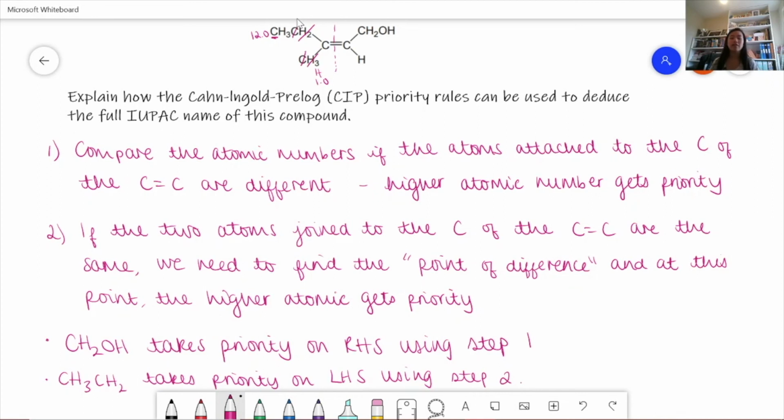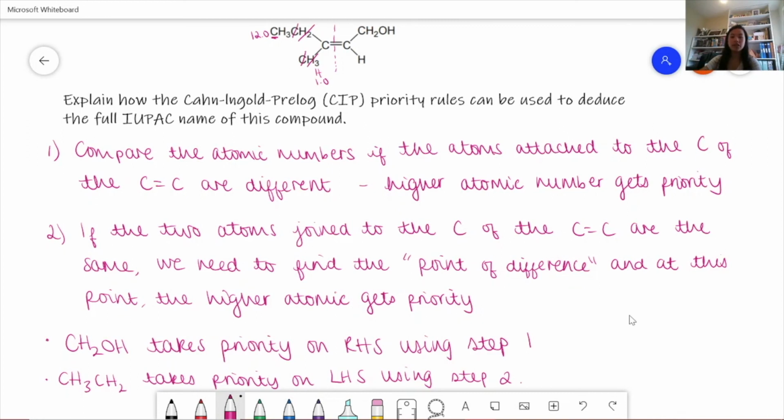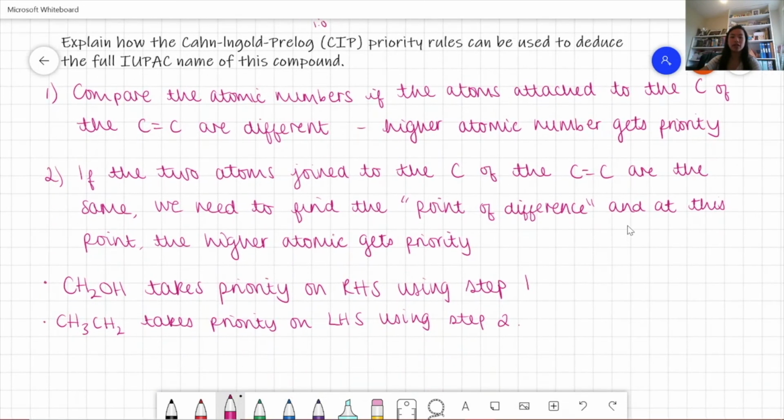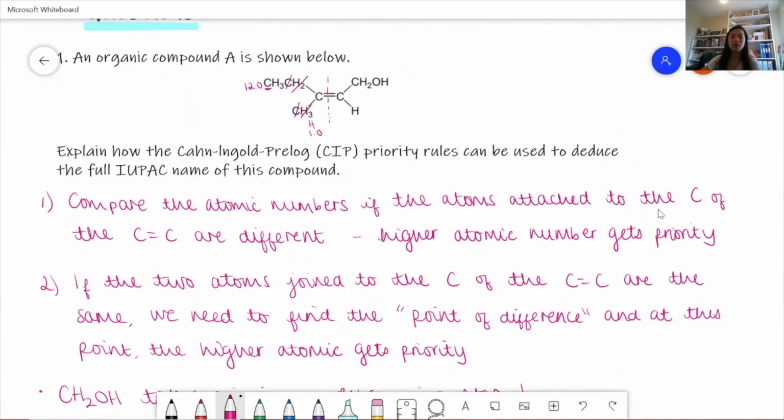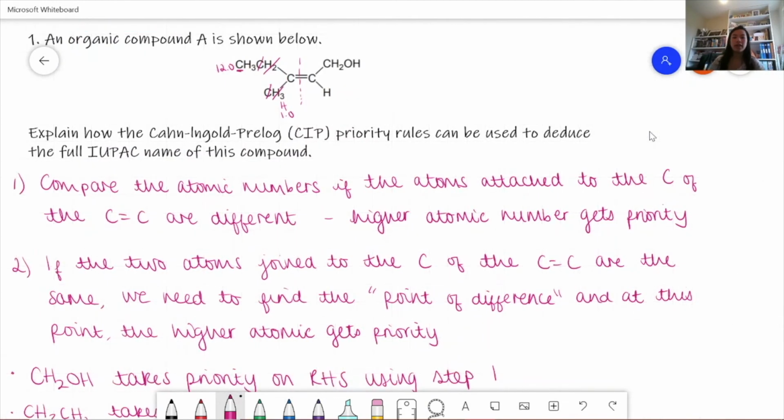Now, to name this molecule, we need to know that the OH takes priority over an alkene group. So if I draw it a bit differently, so we have CH3CH2. So the longest chain we have is this one here. This is the longest carbon chain, so we have CH3, CH2, and then a carbon with a double bond, and then CH2OH.